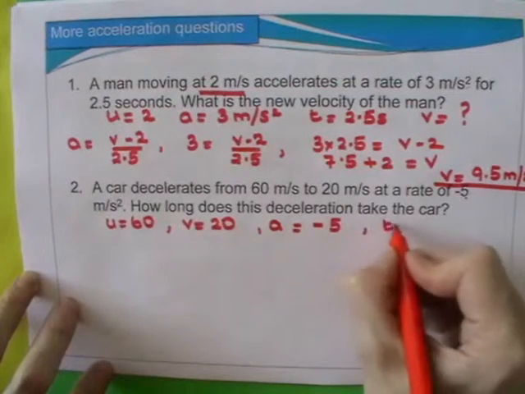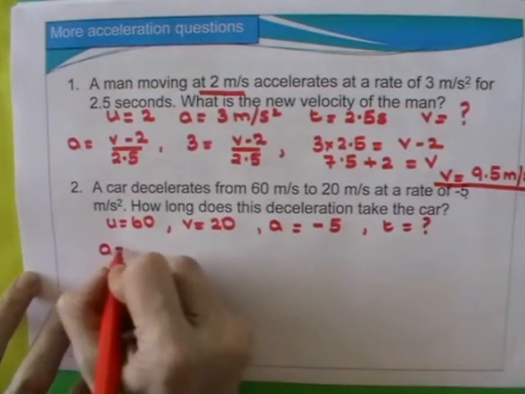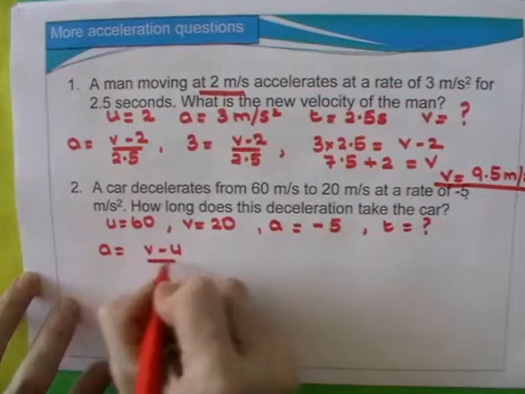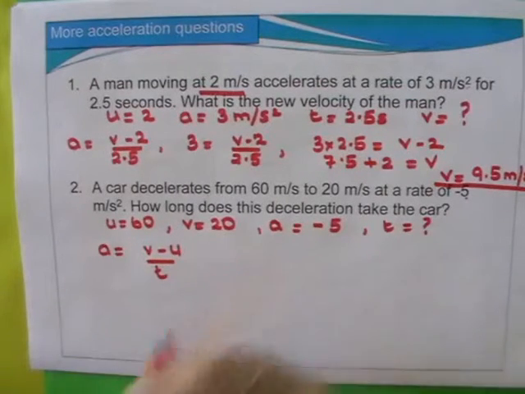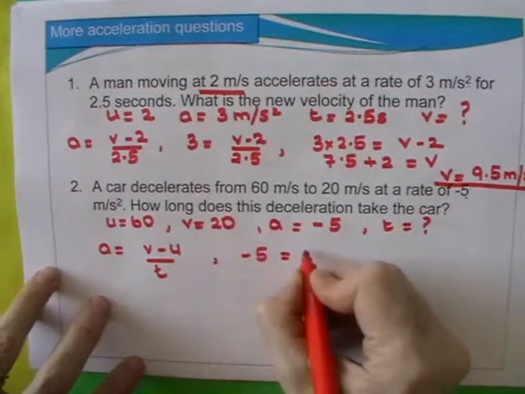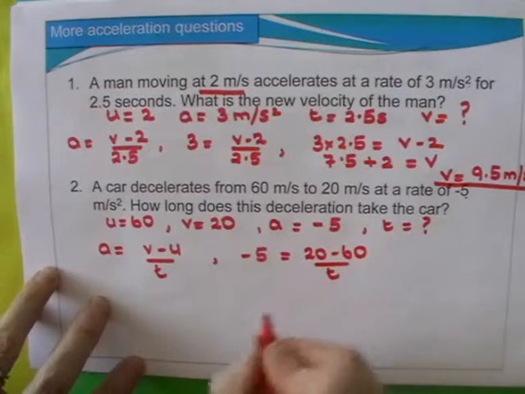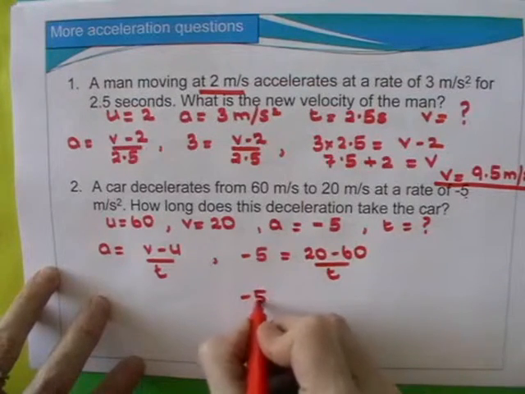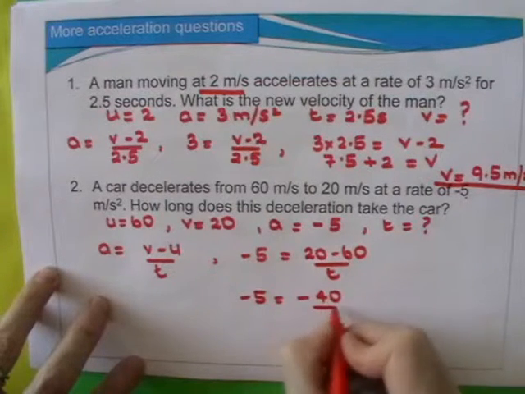We're looking for a time. So A is equal to V minus U divided by T. V minus U then, we'll just put in the numbers. Minus 5 is equal to 20 minus 60 over T. So we're saying then that minus 5 is equal to 20 take away 60, which is minus 40, over T.